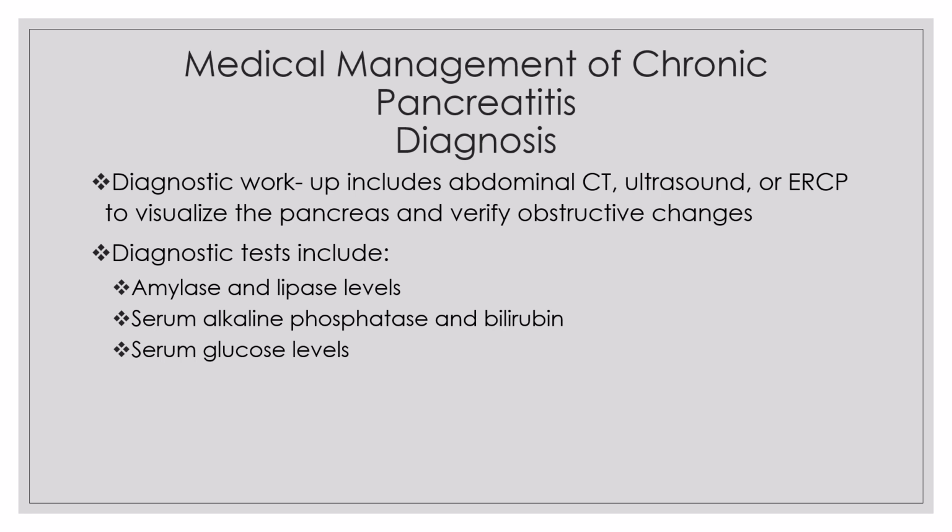Diagnostic workup will include abdominal CT, ultrasound, or an ERCP to visualize the pancreas and verify obstructive changes. Diagnostic tests will also include amylase and lipase levels, serum alkaline phosphatase and bilirubin levels, and serum glucose levels.